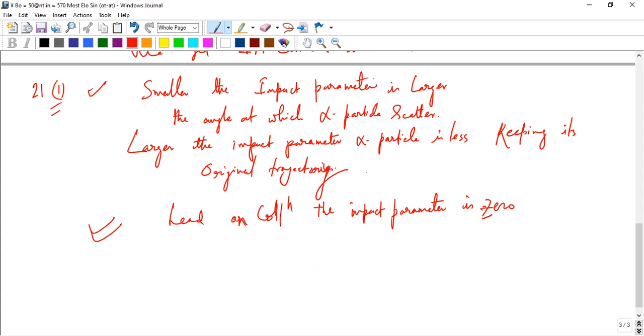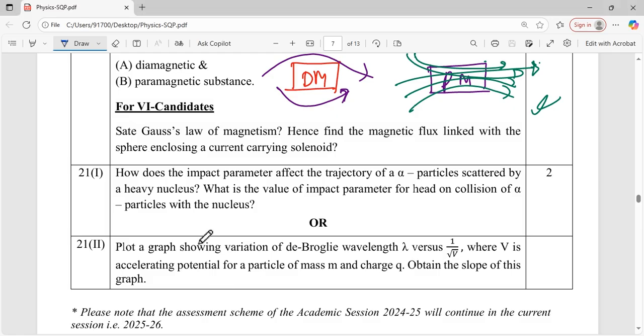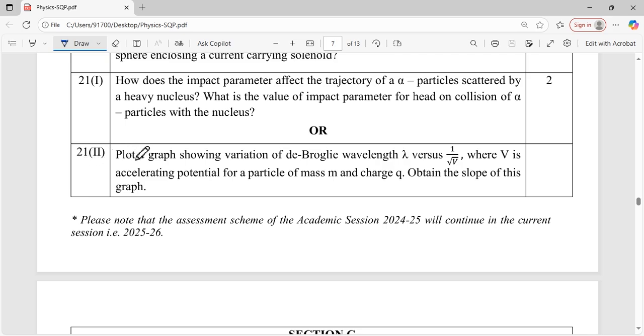Next, 21 part B: plot a graph showing the variation of de Broglie wavelength lambda versus 1 by V, where V is the accelerating potential of a particle of mass m and charge q. Obtain the slope of this graph.